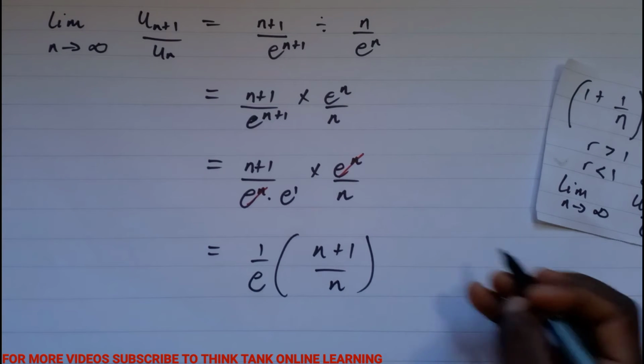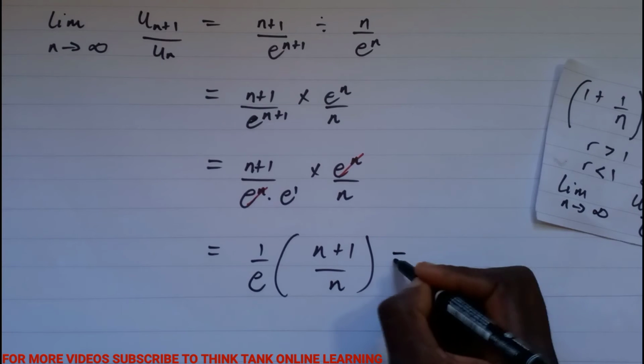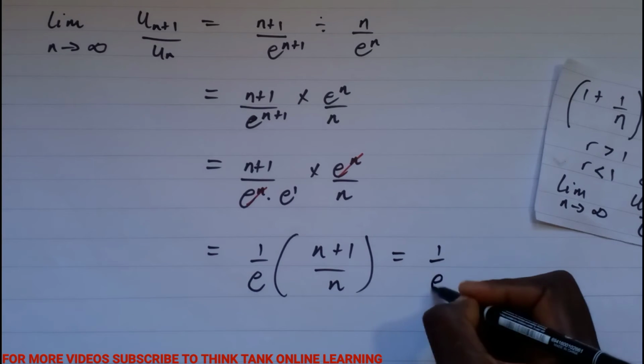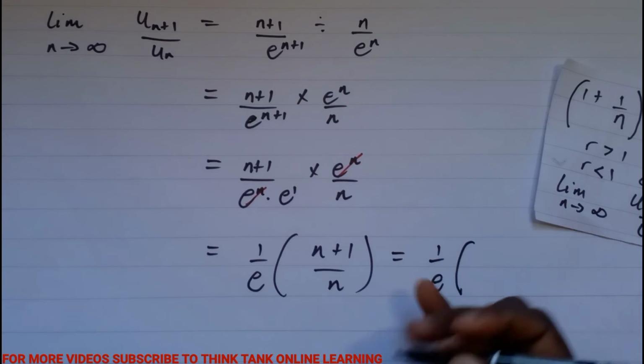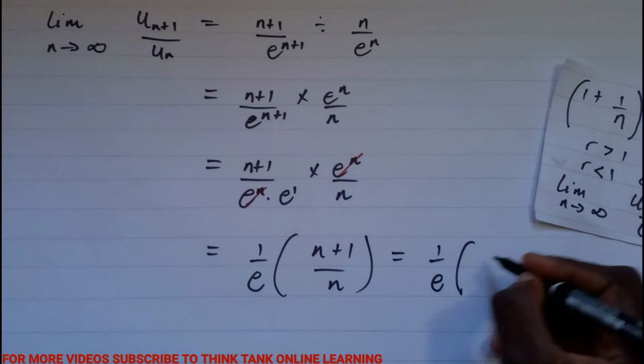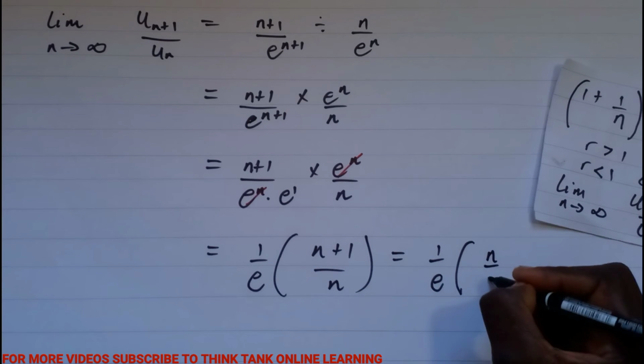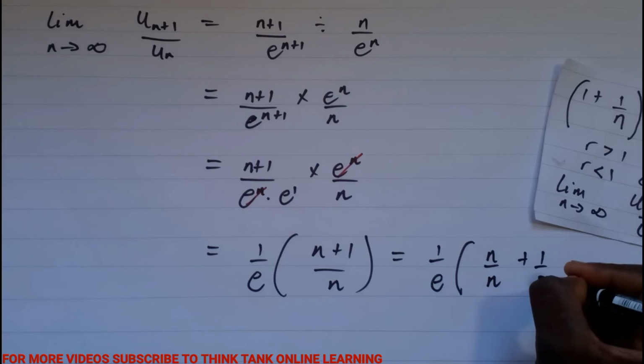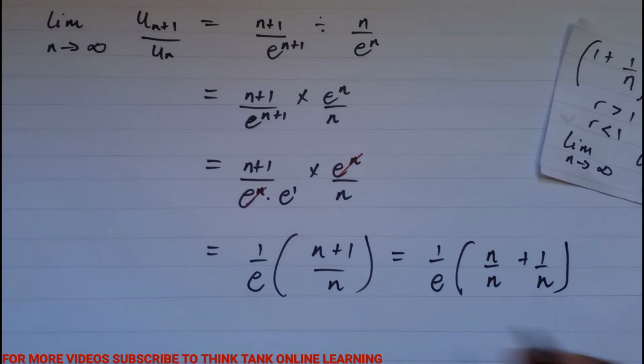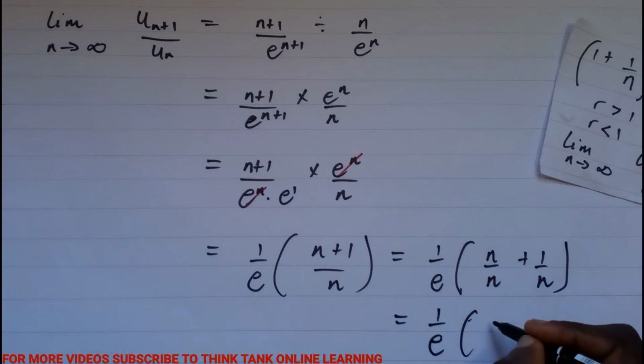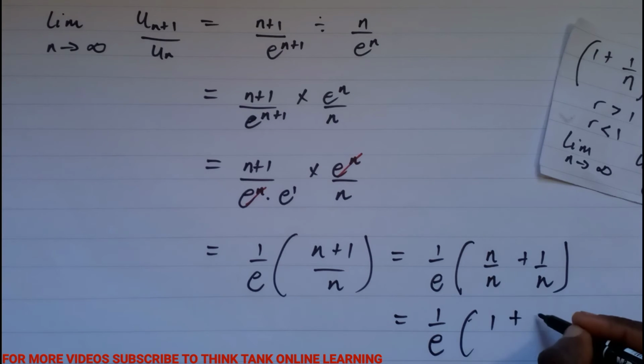So this is equal to 1 over e, and I'm going to divide each and every term by n. So this is n over n plus 1 over n. This is equal to 1 over e times (1 plus 1 over n).